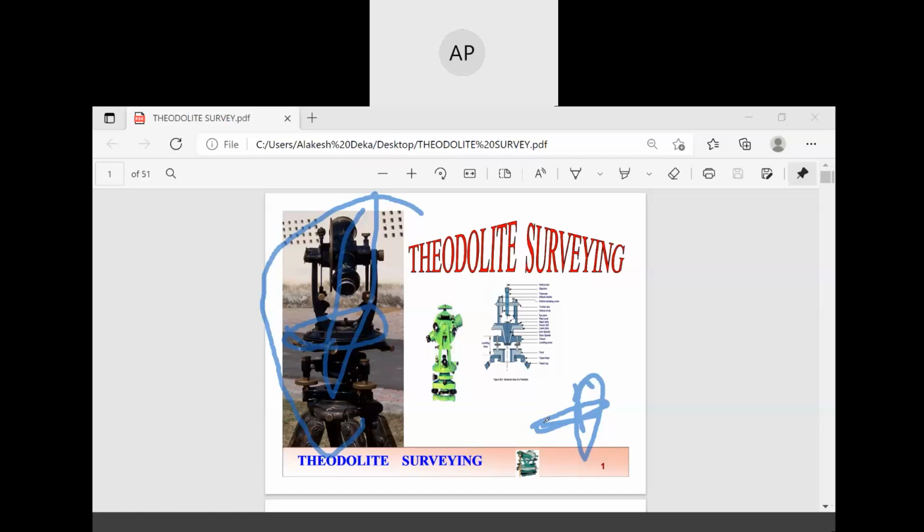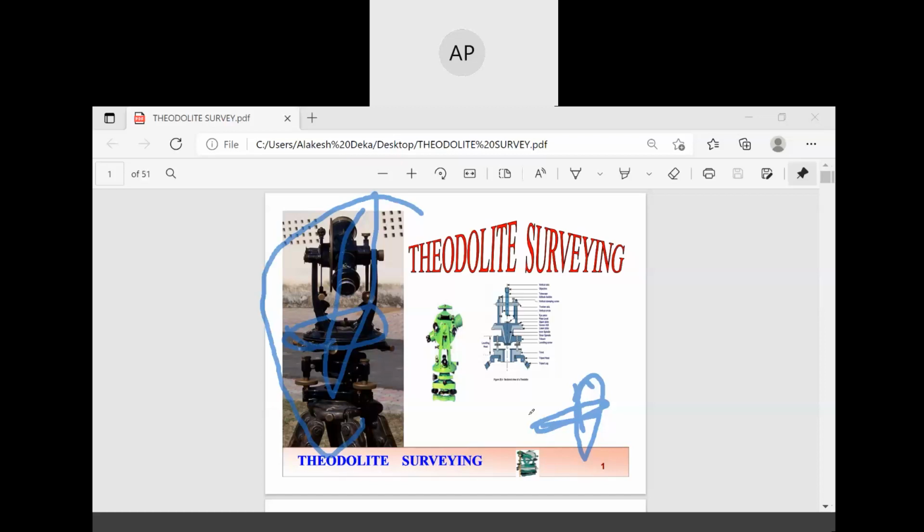There are different purposes for which a theodolite can be used: to measure horizontal angles, vertical angles, deflection angles, magnetic bearing, horizontal distance between two points, finding the vertical height of an object, finding the difference of elevation between various points, and ranging a rod. All this work we can do with the help of a theodolite.